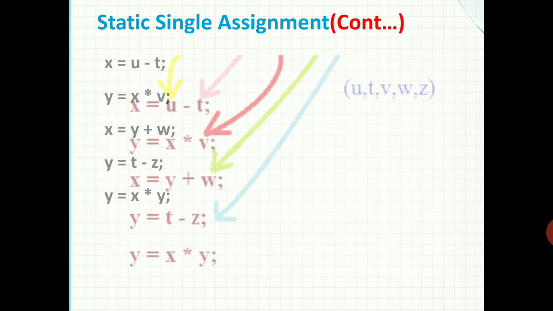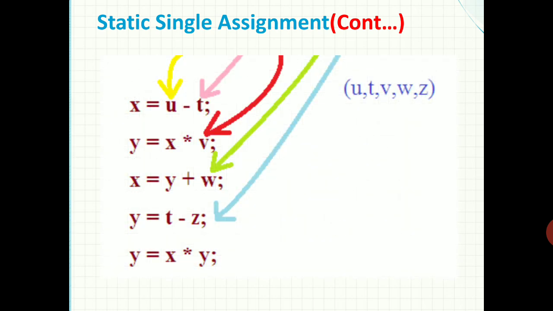Here you can see that there are totally 7 variables, that is x, u, t, y, v, w, z. Out of these 7 variables, 5 variables already have some assignment. That is, u already has some assignment before this set of statements.